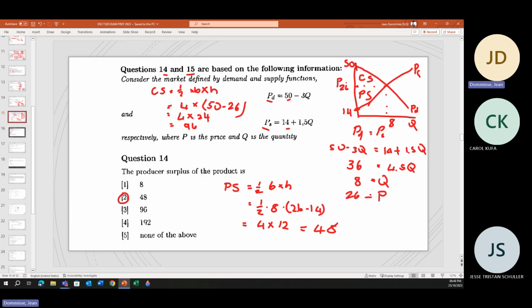So if you swap the two around, there will be an answer for you in the exam. So just be very careful when you do the producer surplus and consumer surplus.